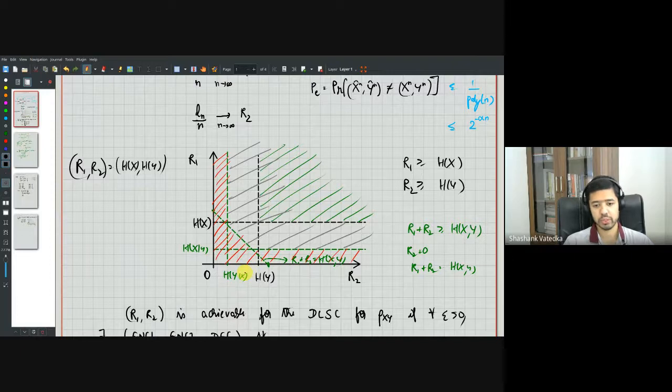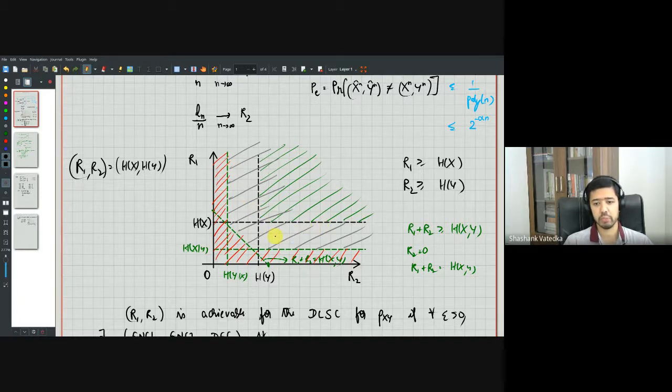No matter what you do, it is impossible to achieve any rate pair in the red region, and that is because even if you have more powerful encoders which encode things jointly, the red region is not achievable. So the question was, what happens in between the green region and the red region? So in particular, this region over here. So in this class, we'll see that every rate pair in this region is actually achievable.